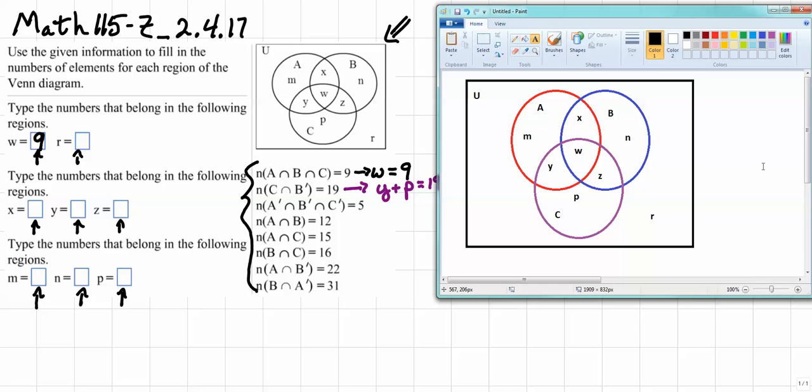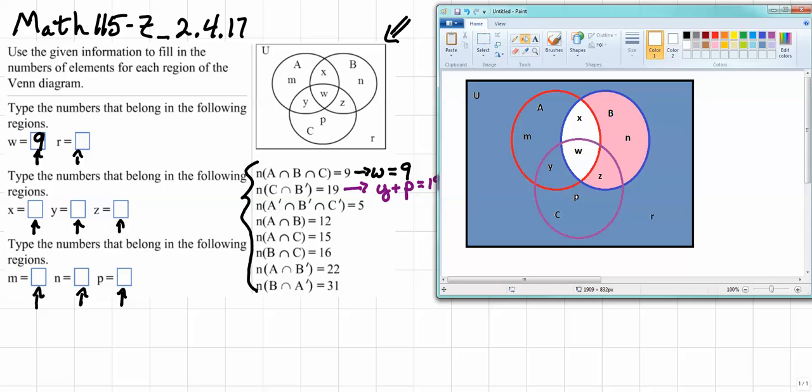First off, let's decide what A complement is. A complement is everything that is outside of A. Then we're going to decide what B complement is. B complement is everything that's outside of B.